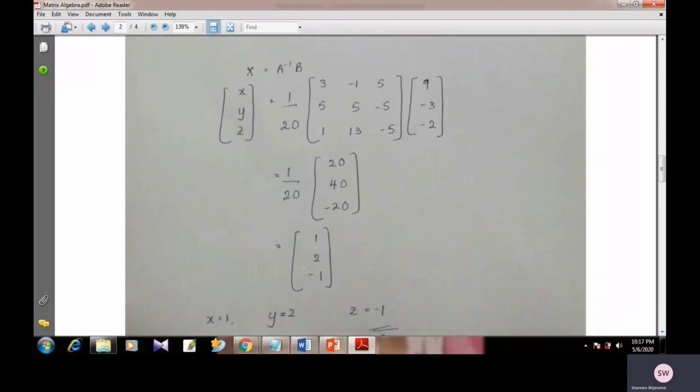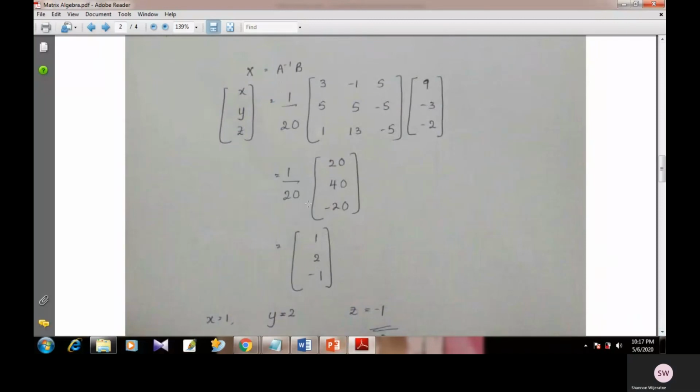So this is the resulting matrix after the multiplication. That means we can find these values of x, y, and z. The first value here is equal to x. So x is equal to 1. The second value here is equal to y. So y is equal to 2. And the third value here is equal to minus 1. So z is equal to minus 1.